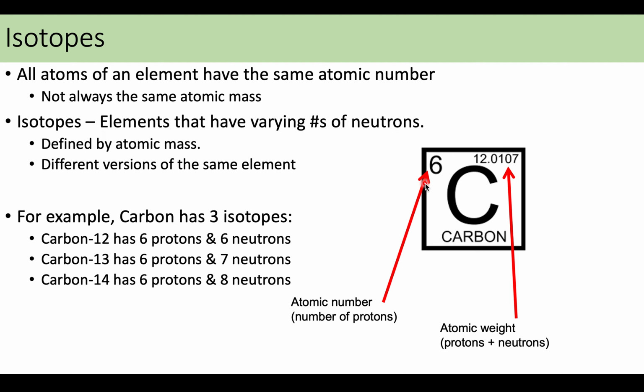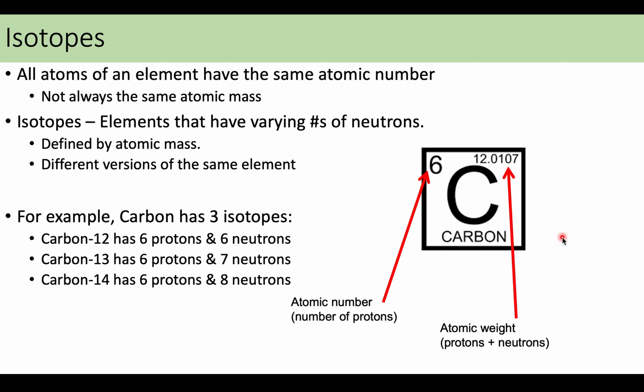This is not always the same for the atomic mass or the atomic weight, which in this case here for carbon-12 is about 12. This is the number of protons plus the number of neutrons. Meaning that here, if we know there are 6 protons and the weight is 12, that means there are also 6 neutrons, because 6 plus 6 would make that 12.